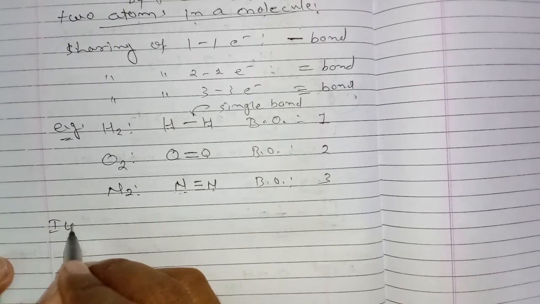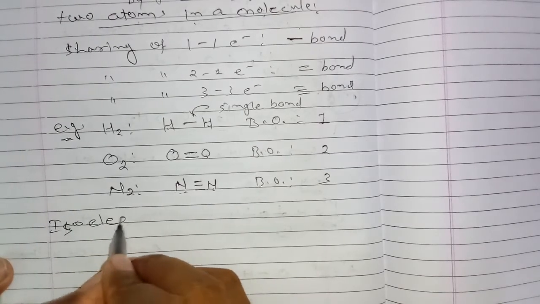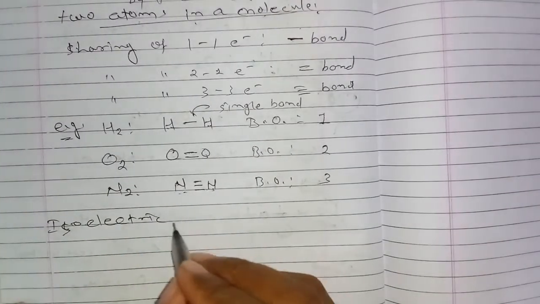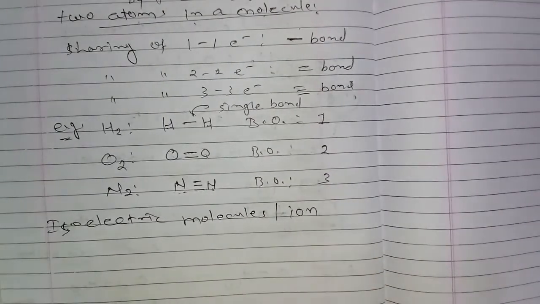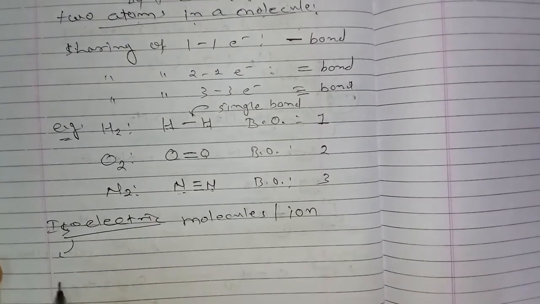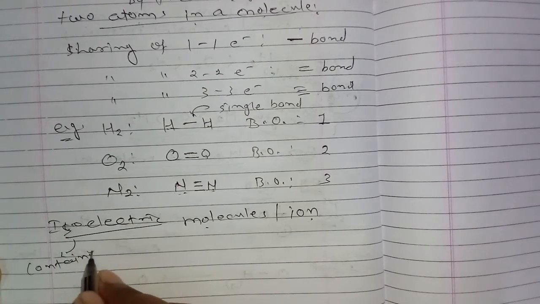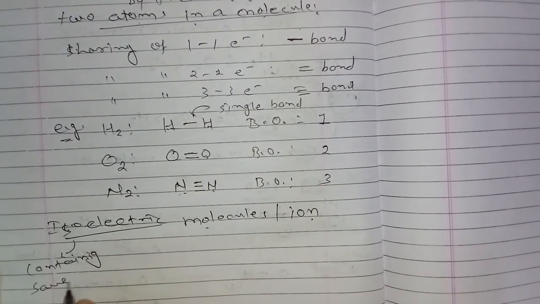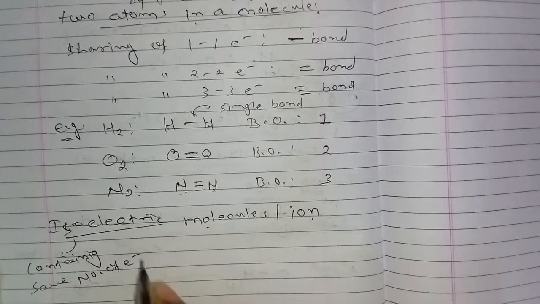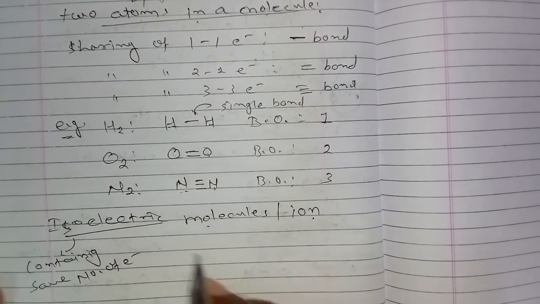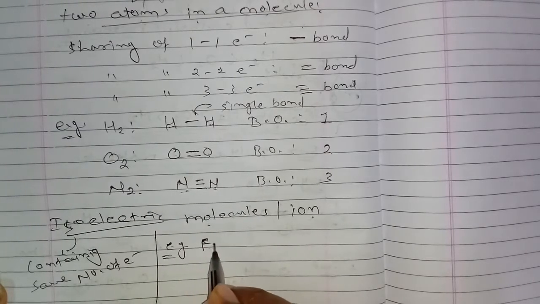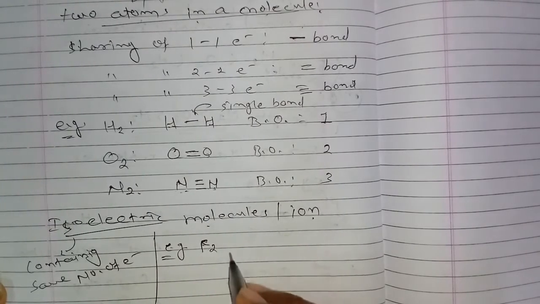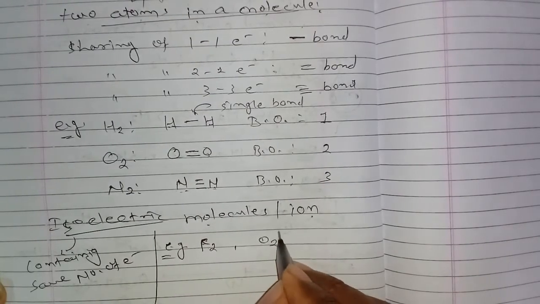In case of isoelectronic molecules or ions, that means molecules or ions containing the same number of electrons, for example, the fluorine molecule and the peroxide ion O2 2 minus.